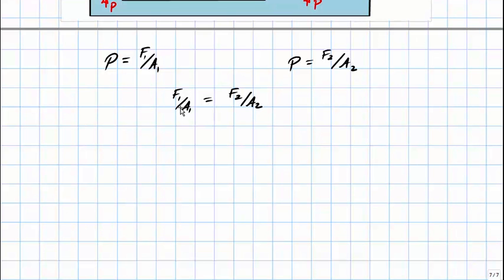This is the first form of Pascal's principle. If we multiply both sides by A1, we can obtain the second form. The second form looks like this. We can label the forms as form number 1 and form number 2.